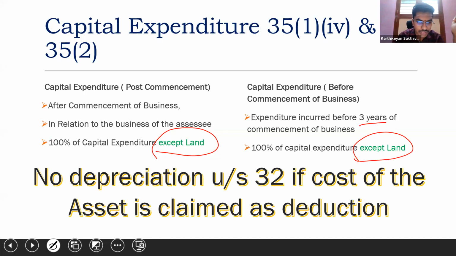One point you should remember here: when we saw depreciation, we saw that until the entire cost has been claimed as deduction, depreciation applies.